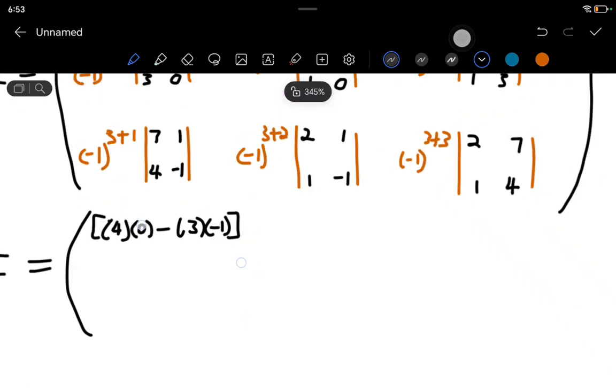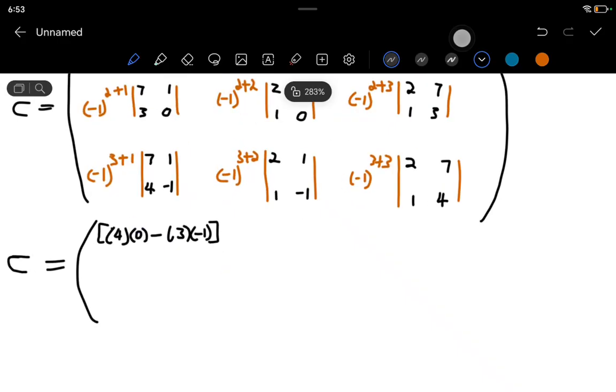Then the determinant of this one here, minus 1 to the 3 is negative. This will be 7 times 0 minus 3 times 1.